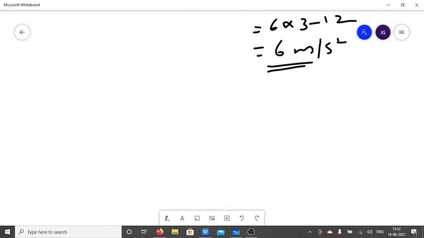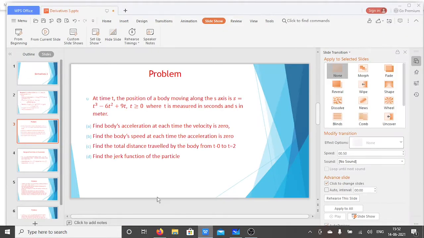Now the second part is to find the body speed at each time when the acceleration is 0.